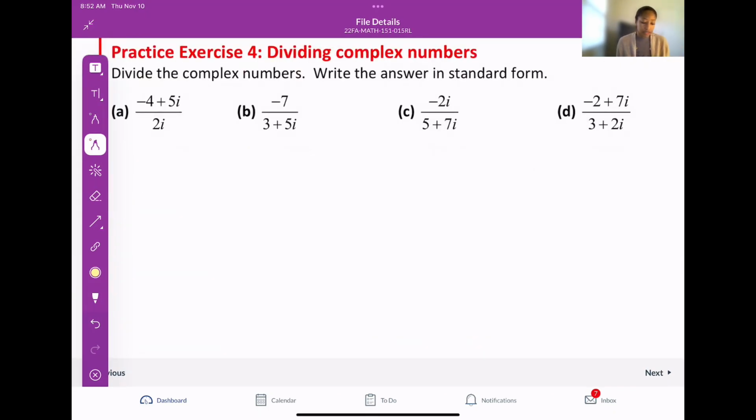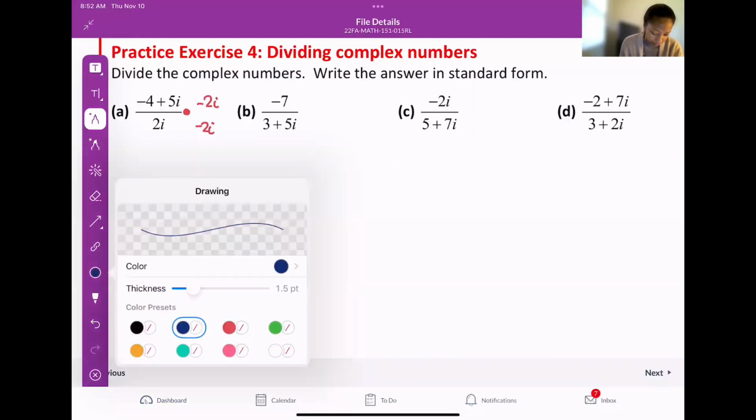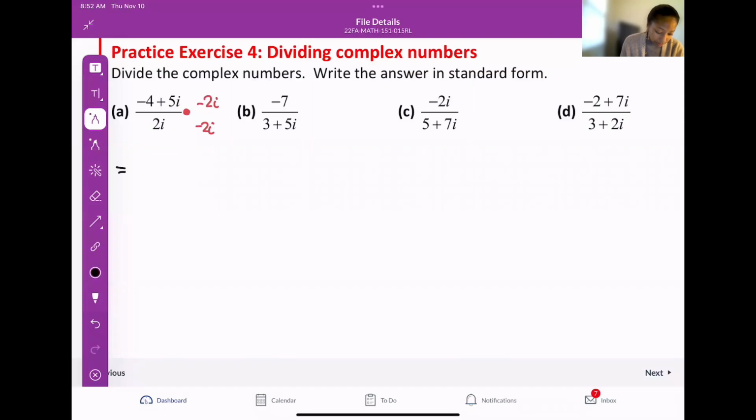All right, for dividing, part A, negative 4 plus 5i divided by 2i. We're going to multiply here by the conjugate of the denominator. The conjugate of 2i is negative 2i. So we're going to multiply the numerator and denominator by negative 2i. That gives us, remember we have to distribute to both of these terms.